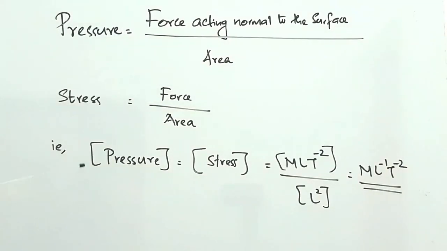That is, the dimensional formula of pressure equals the dimensional formula for stress, because both are force by area while considering dimensions. That is equal to M L T raised to minus 2, the dimension of force, divided by the dimension of area, that is L square. So we get M L raised to minus 1 T raised to minus 2. So both are having the same dimensional formula.